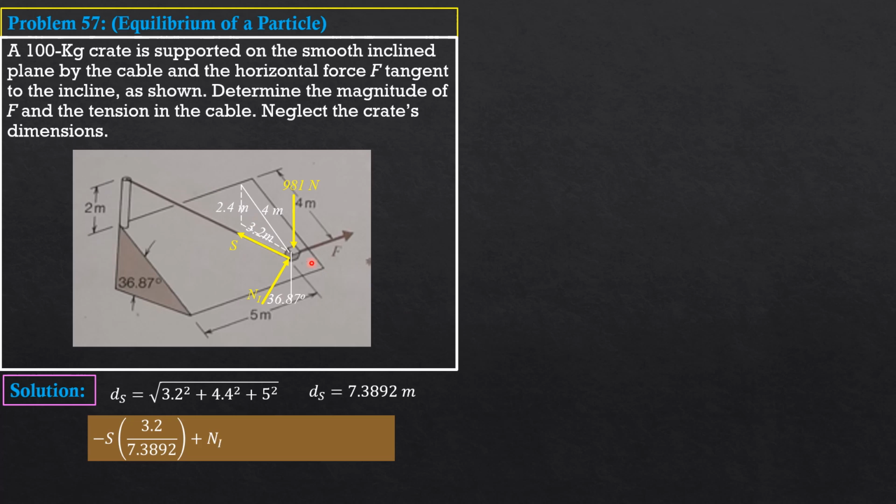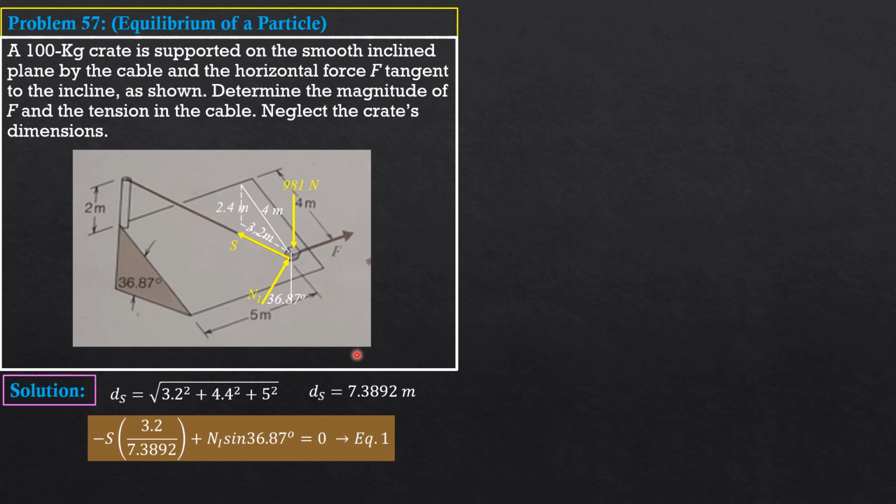So first, summation forces along x equals 0. So S is directed leftward. Its force is S. So it is negative 3.2 component of distance divided by distance 7.3892. Then plus the x component, this component of N1, which is N1 sine of 36.87 equals 0. So F and 981 have no component along this axis. So that's equation 1.